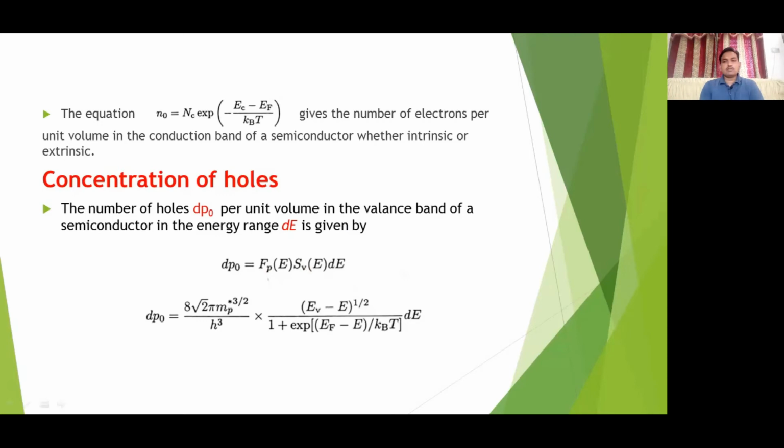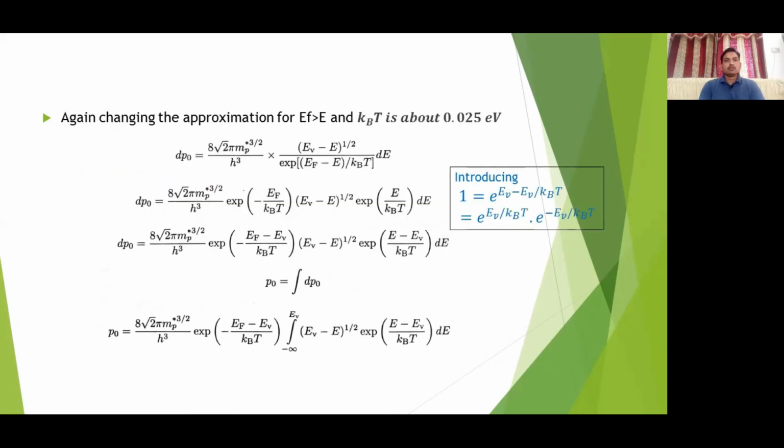the concentration of holes per unit volume in the energy range dE. Again, changing the approximation, EF is greater than E, because the hole lies inside the valence band. KBT is 0.025, so the denominator has a larger exponential term compared to 1, so 1 can be eliminated.